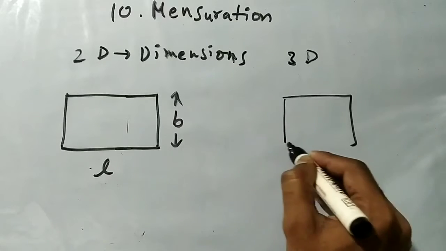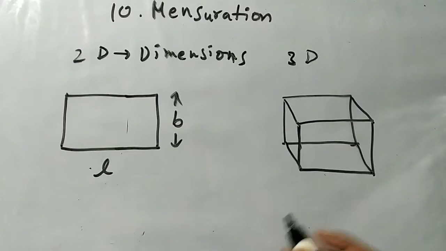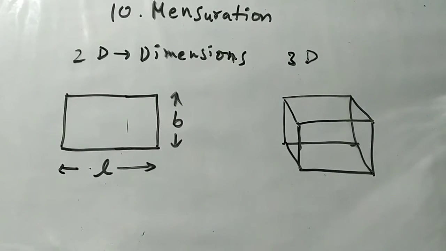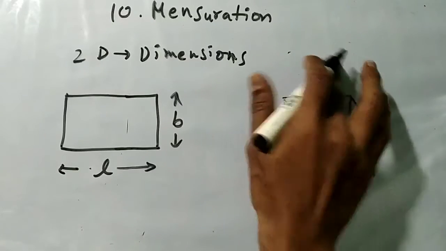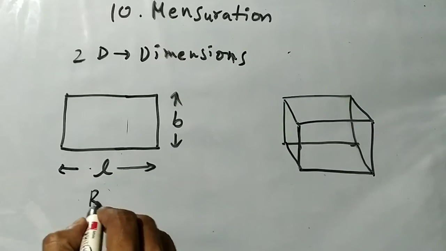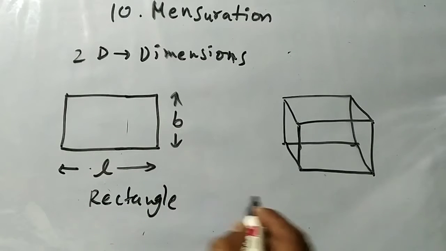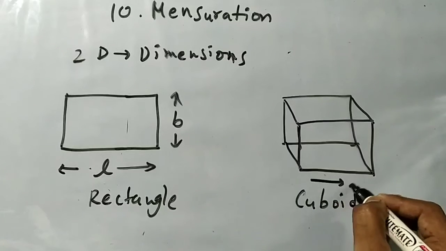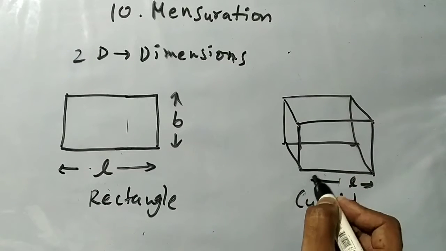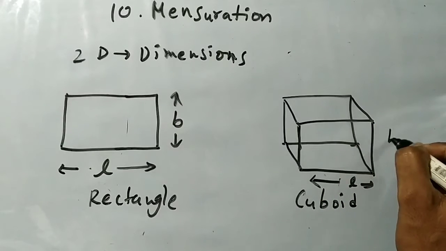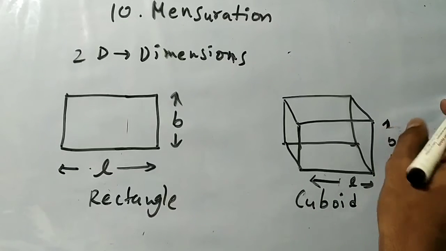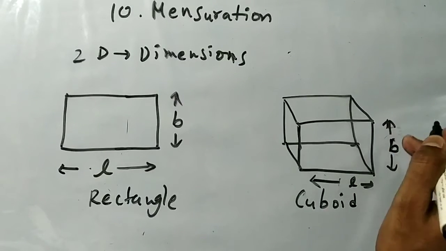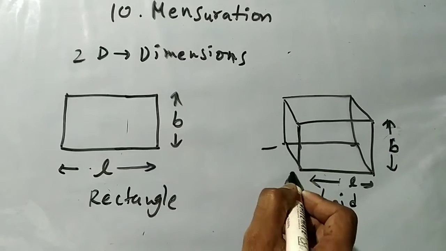Let's draw it here. Here is the length and the breadth. If we consider 3D, that is the cuboid, this is the rectangle and this is the cuboid. This is the length and this is the breadth.